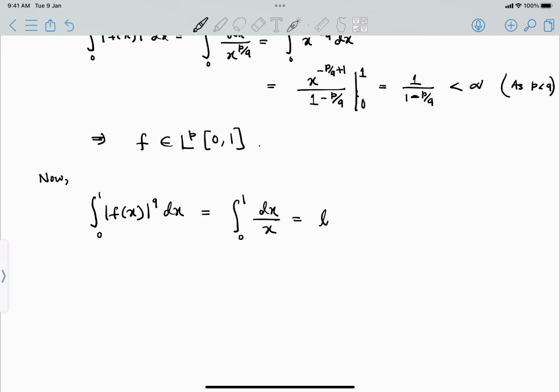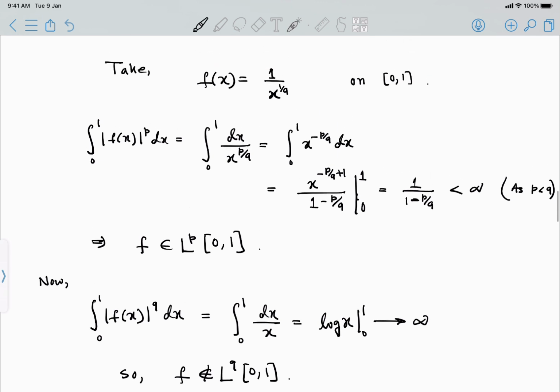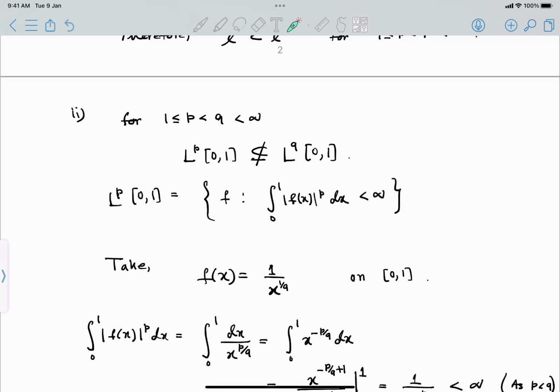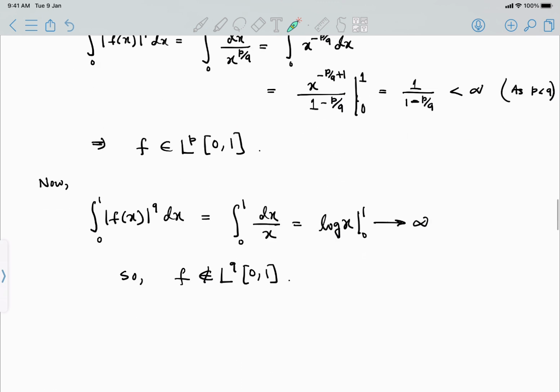The integral of 1 by x is log, but this is not convergent, this is infinite. So f does not belong to Lq. We have found an example which is in Lp but not in Lq.